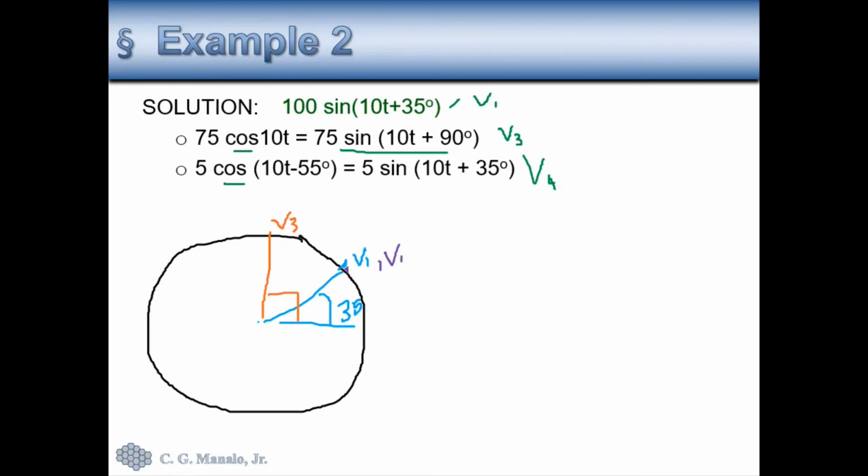So this is V sub 4. Okay, and because of that, we can say that V sub 1 is lagging V sub 3 by 90 minus 35, that will give us 55 degrees. So this one is 55.